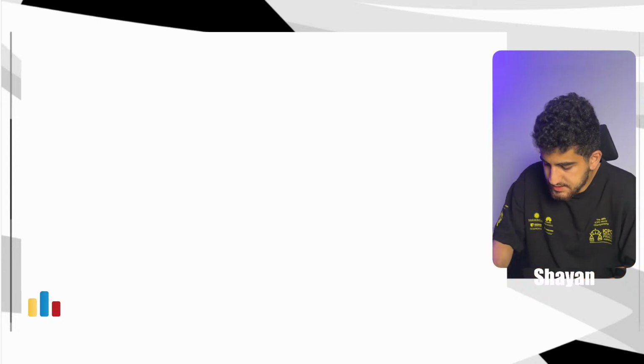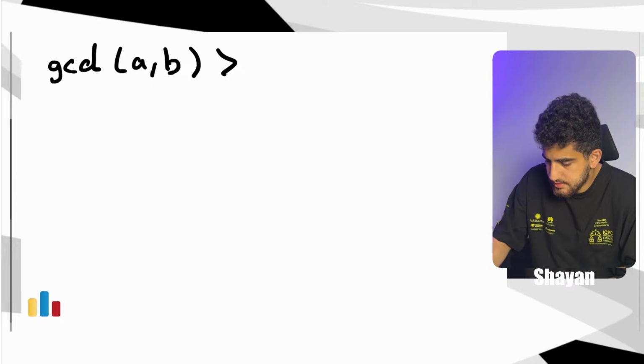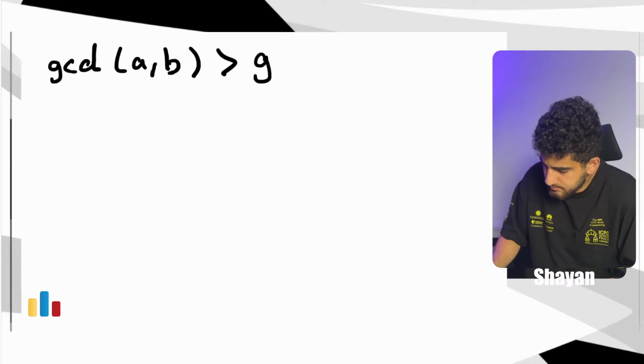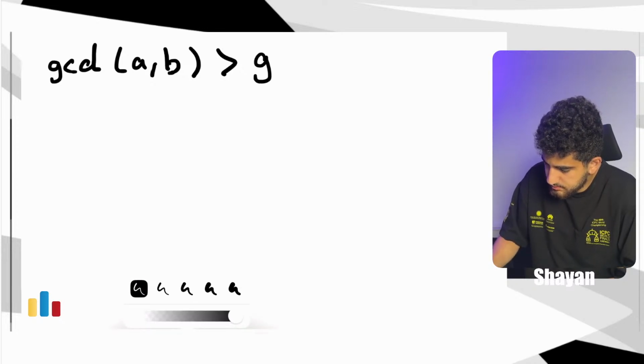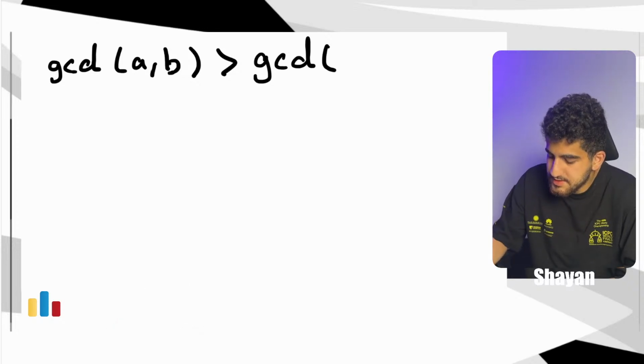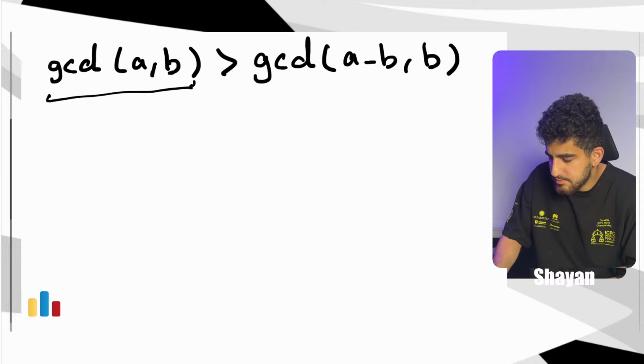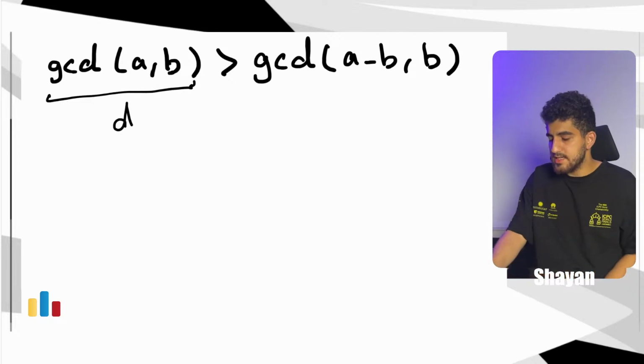I say that if GCD of A and B is greater than GCD of A minus B and B, it means that there's some D, GCD of A and B is equal to some D. I want to show that it's not possible that GCD of A minus B and B is less than D.